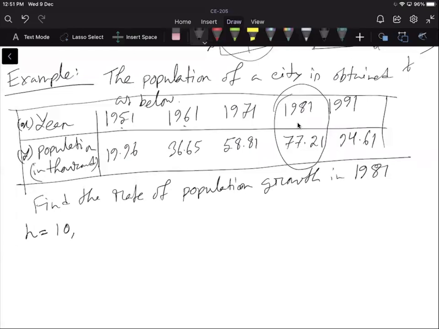This is clear, an equal interval, equally spaced x data, and you are asked to find the population growth at 1981. So this is your x0, y0, y1, y2, y3, y4, or yn. Your point is very close to the end of the data set.